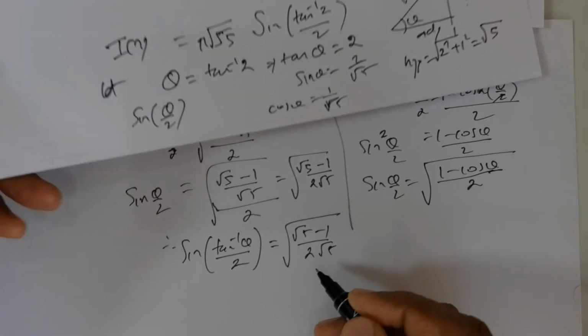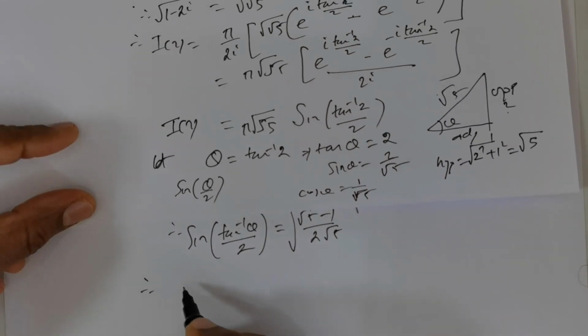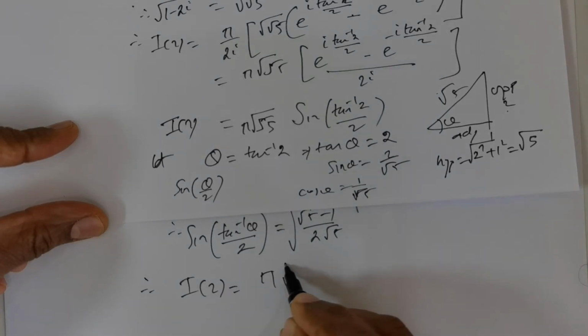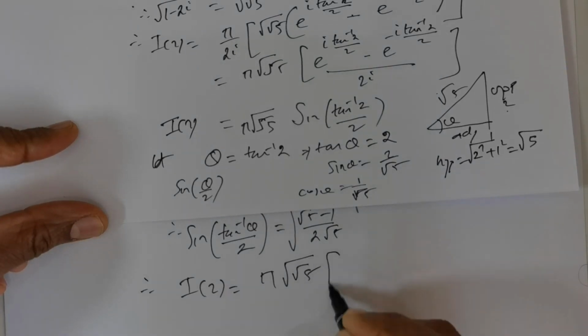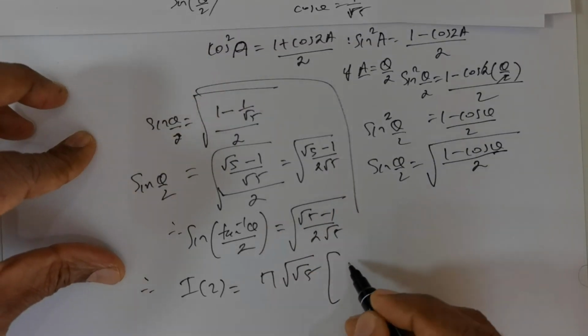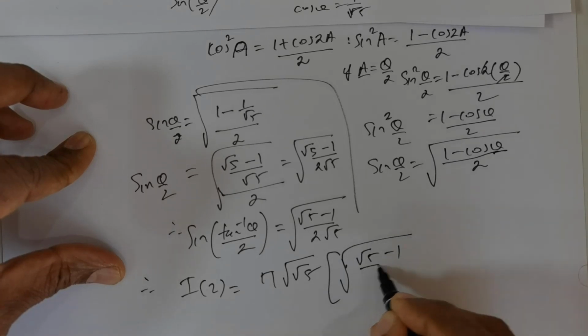Now this is not finished. Now you've got to take this value and substitute it over here. So therefore I of 2 is equal to pi times root of 5, and in place of this, substitute this value. So it's going to be square root of (root 5 − 1) divided by 2 times root of 5.